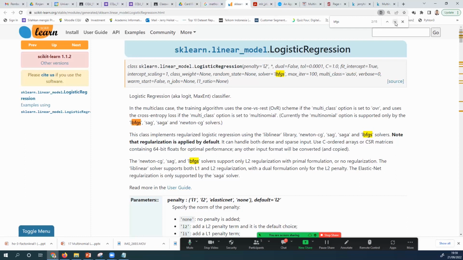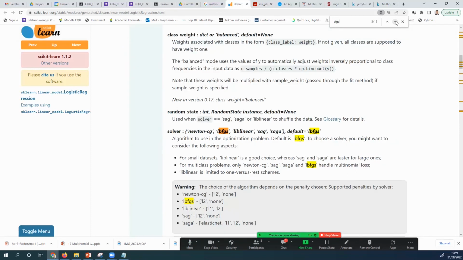Currently, multinomial is supported only by the BFGS, SAG, Saga, and Newton-CG solvers. Oh, these are the types of solvers used by the multinomial option.